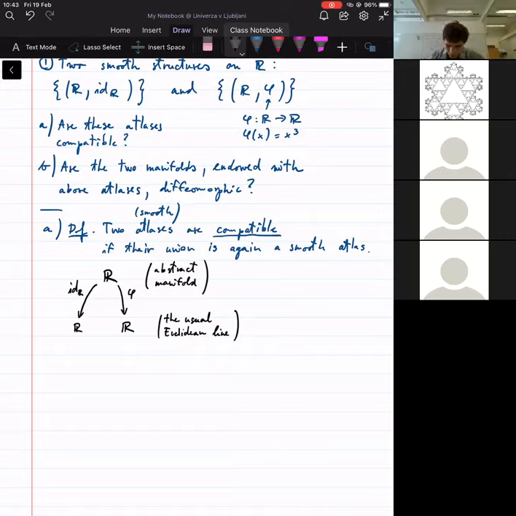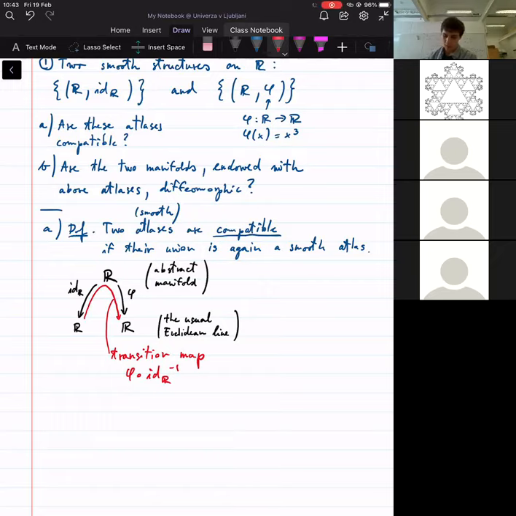Okay, so a transition map is nothing else but the map that goes like this, right? So this is what it means to be a transition map. I'm not sure how I am going to write this, maybe as such. And in our case, it would be phi of IDR to the power of -1.